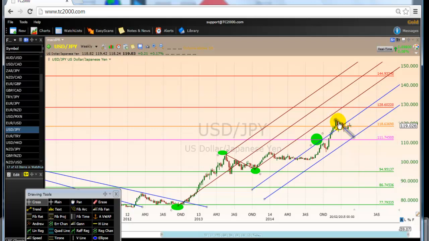Or if the Bank of Japan comes out and says they are stopping their quantitative easing, that will put this currency pair under pressure. But as everything stands now, the market wants to buy the dollar yen. There's another level here that I'm drawing, with this high and this high here.